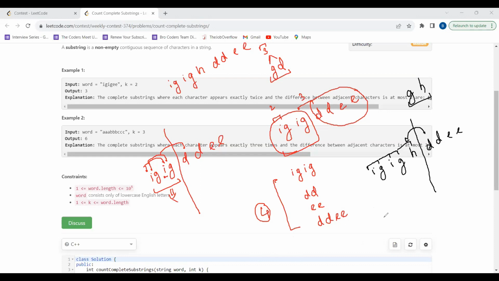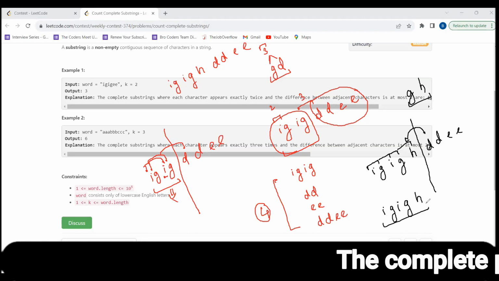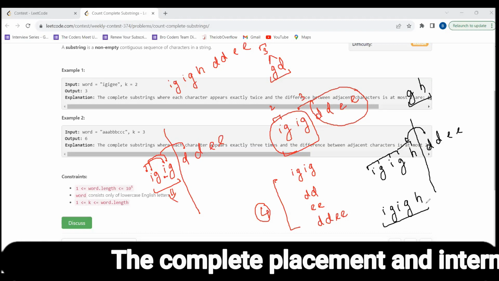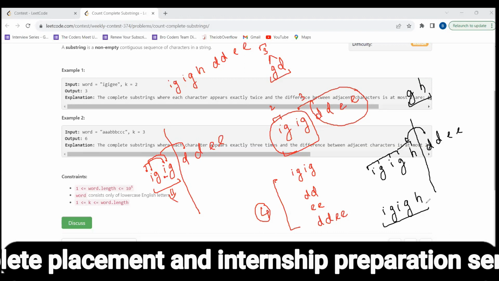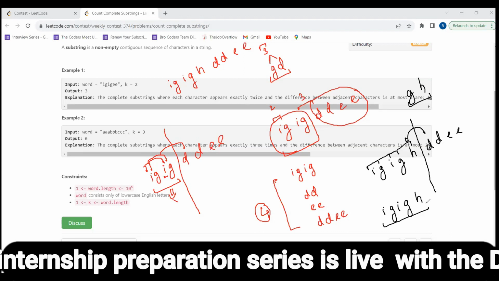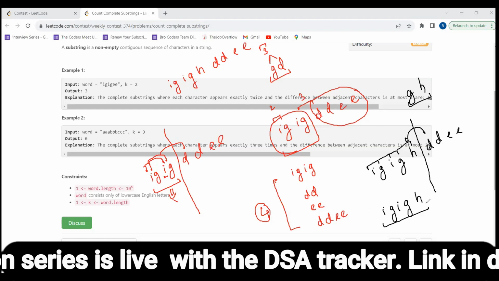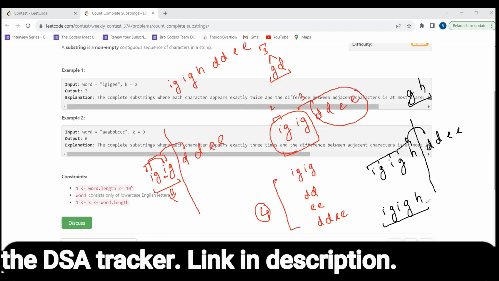Suppose I have got this partition, IGIGH. Now, how many unique characters do we have here? IGH.